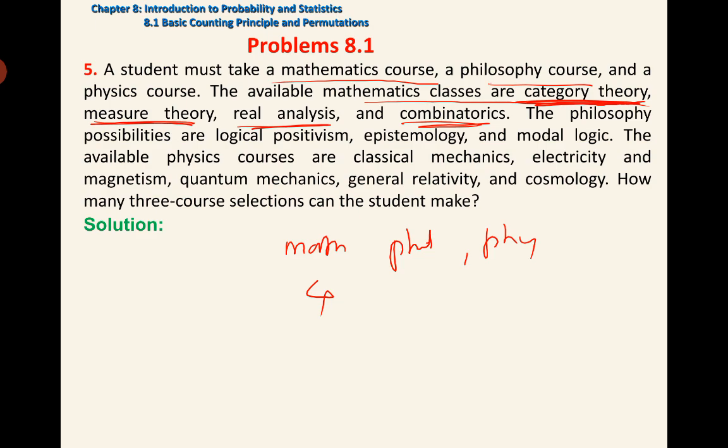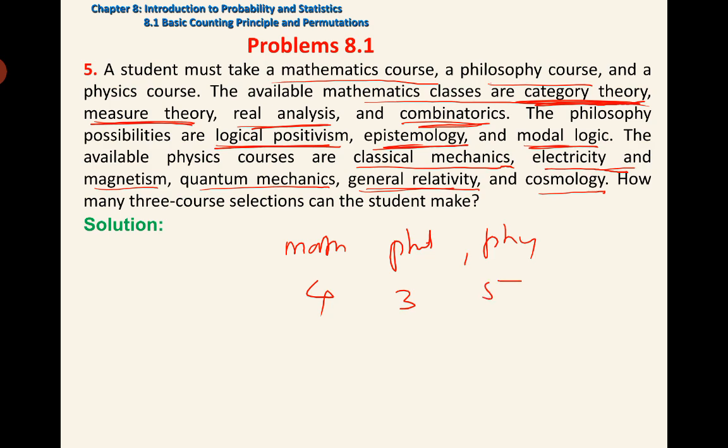Philosophy classes: logical positivism, epistemology, and modal logic. There are 3 philosophy classes. Physics: classical mechanics, electricity and magnetism, quantum mechanics, general relativity, cosmology. There are 5. 1, 2, 3, 4, 5. 5 physics courses. So how many ways are there?